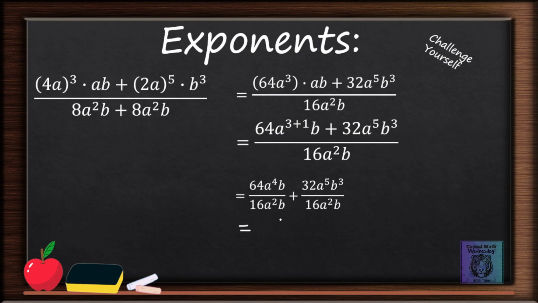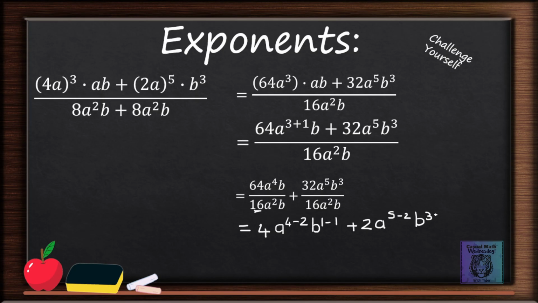And now we can go and say 64 divided by 16, that would be 4. A to the power of 4 minus 2. B to the power of 1 minus 1. Plus 32 divided by 16, that is 2. A to the power of 5 minus 2.